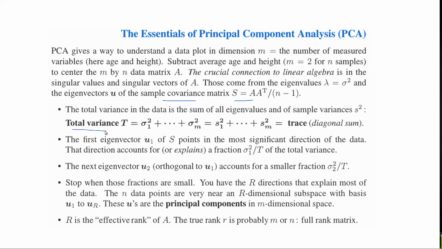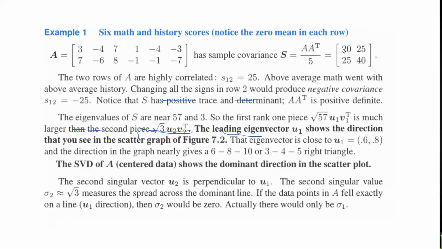So we say that the total variance in the data is given by the sum of the singular values. Remember, these are the square roots of the eigenvalues. It's a bit confusing, but just bear with me. That sum equals the trace, the diagonal sum, of the x1 and x2 entries. Okay, the trace.